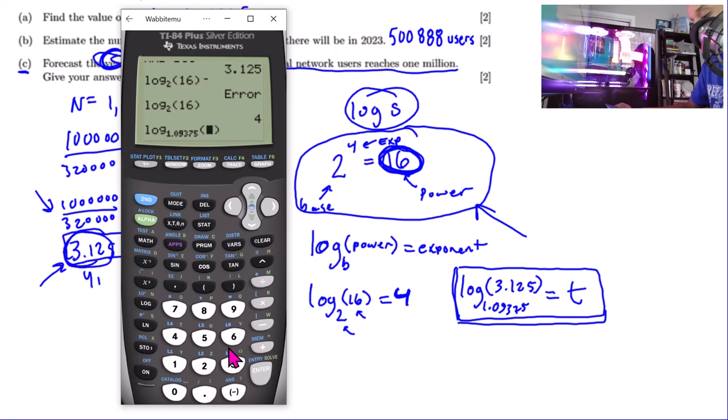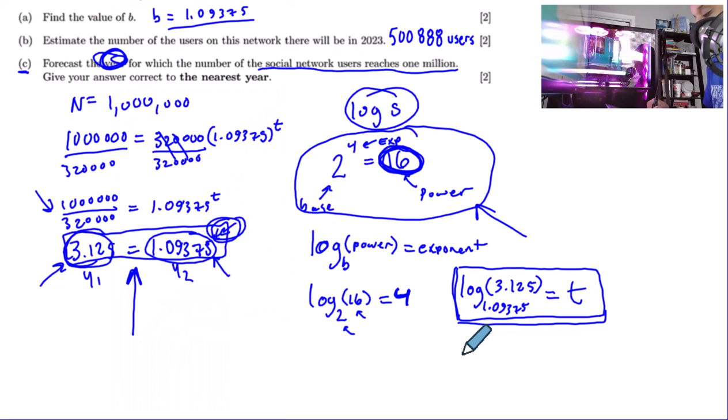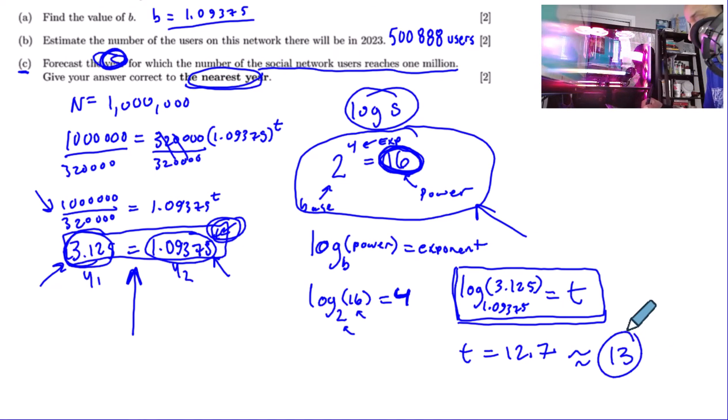Our power would be 3.125, and we'll get our answer for t. Boom. So t, our exponent, t equals 12.7. But it says correct to the nearest year, so I'm going to have to round up to 13. So 13 years. There you go.